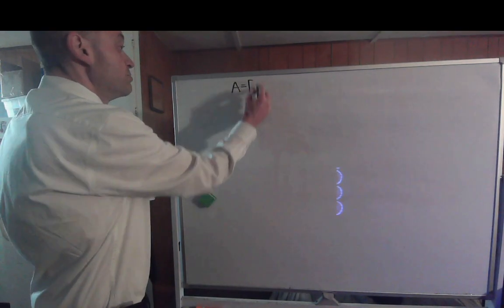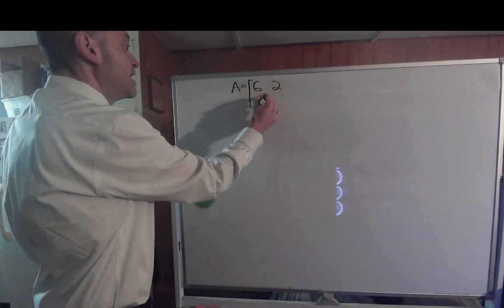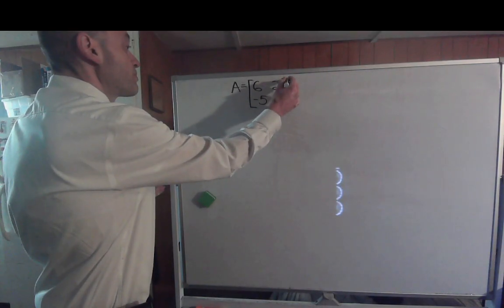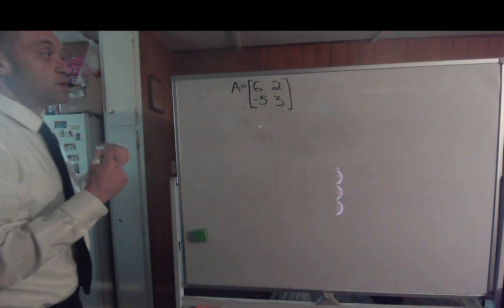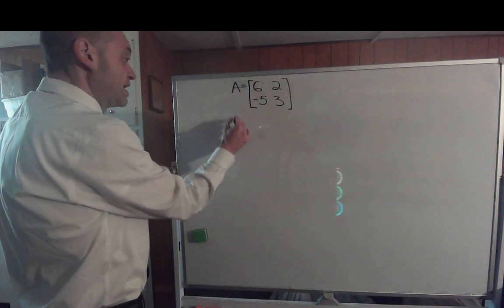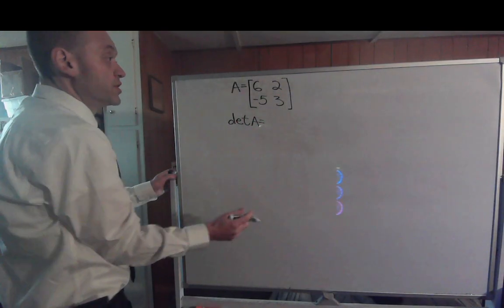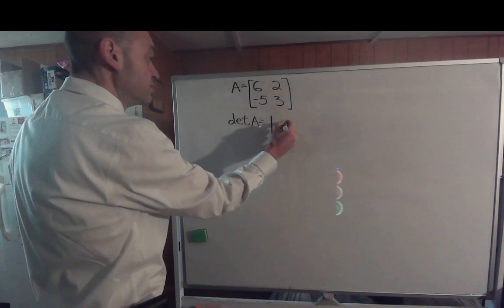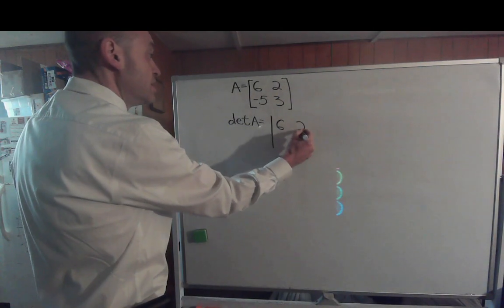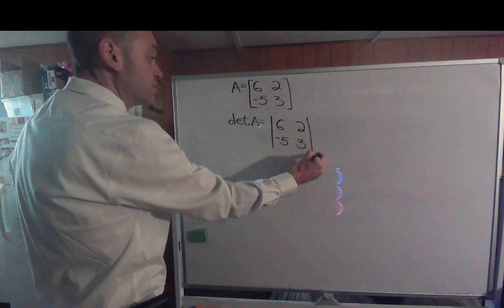So matrix A has entries 6, 2, negative 5, and 3. We have a 2 by 2 matrix and we want to find the determinant of A. You're going to take everything in your matrix and convert it into what looks like absolute value notation, though it's not really an absolute value. This is how you work on a determinant.